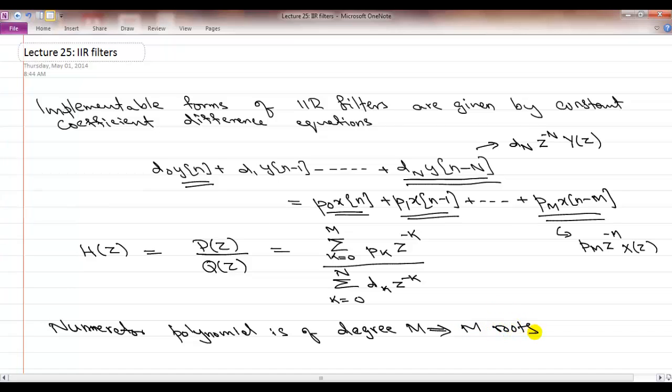And similarly the denominator polynomial is of degree N, so it has N roots.